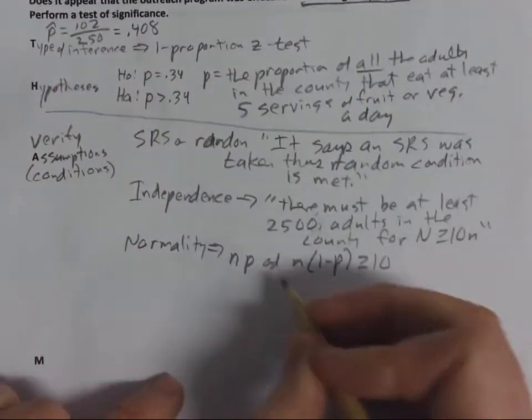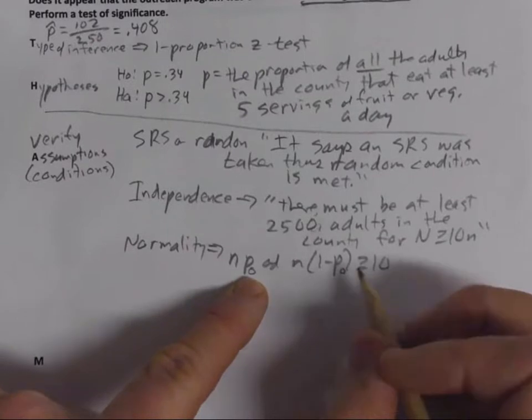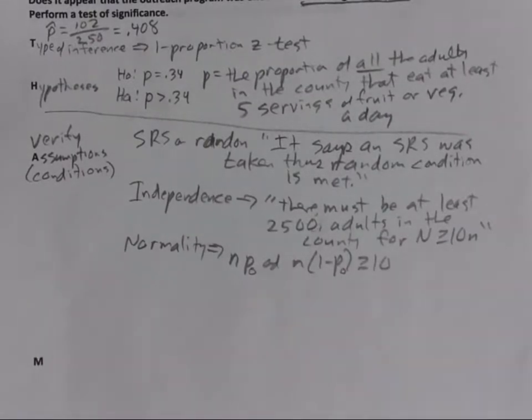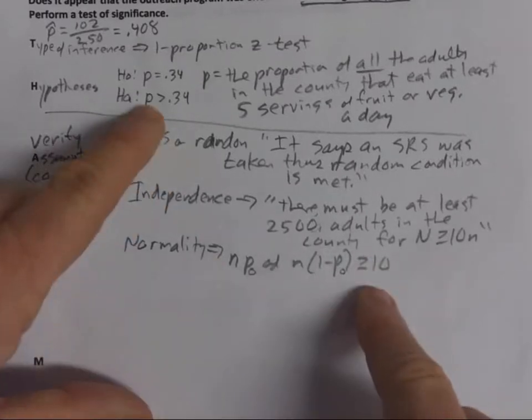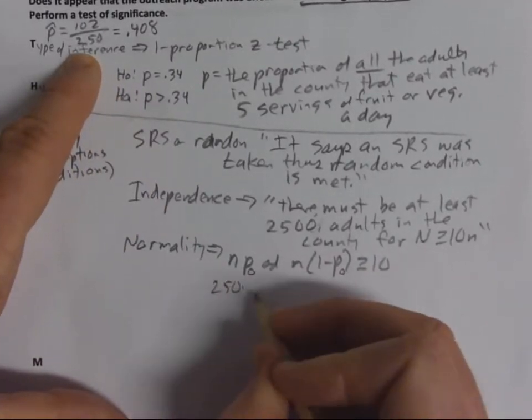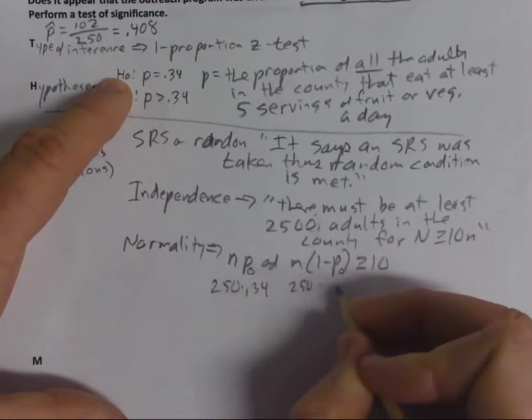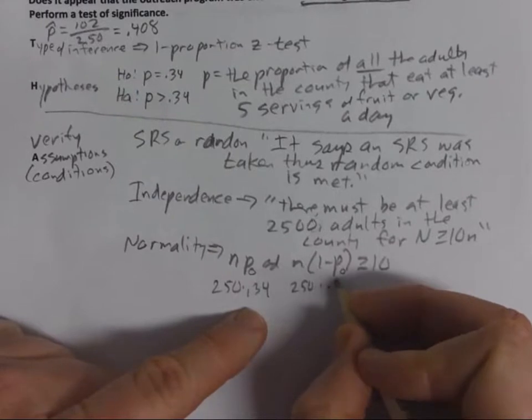And so anyway, this is known as p naught. p naught is the hypothesized value for p. We don't know what p is, nor will we ever know until we do a census, which we're not doing. So we use the hypothesized value. So this would be 250 times 0.34, and then 250 times 1 minus that, which would be 0.66.